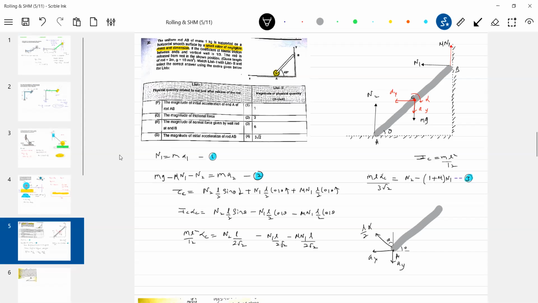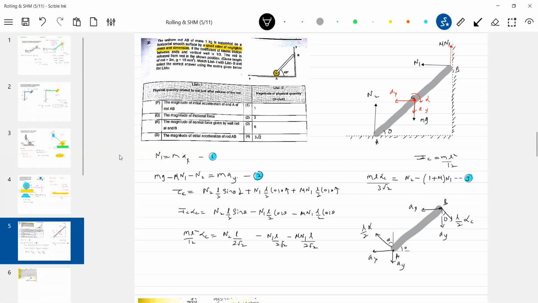This is the point A. Similarly, at point B, it should have tangential acceleration L by 2 alpha. Alpha only we wrote it. This is AX. What is AX and AY? So this is AX and this is AY. This should be theta.